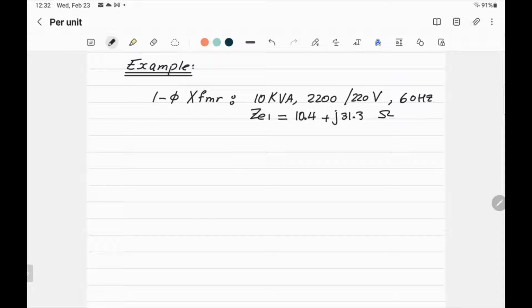And the following: the equivalent circuit diagram in per unit.